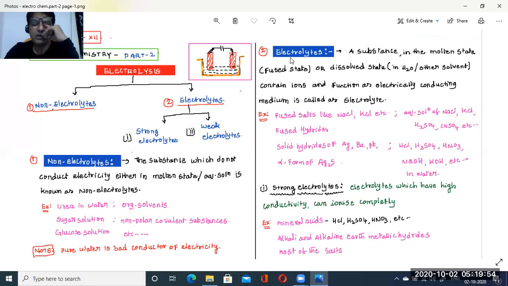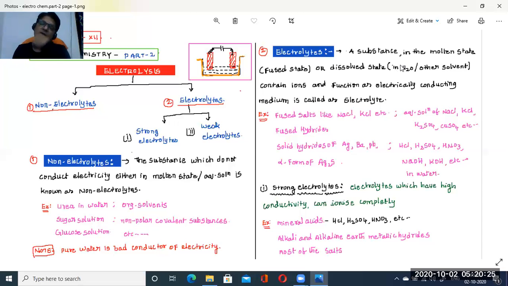What is that? Electrolytes. So electrolyte is completely opposite to the definition of non-electrolyte. In a non-electrolyte, the substance does not conduct electricity. But what about here? A substance present in the molten state, otherwise the fused state, or dissolved state. Dissolved state means the substance should be dissolved in water or any other solvent, where water we know is the universal solvent, isn't it?